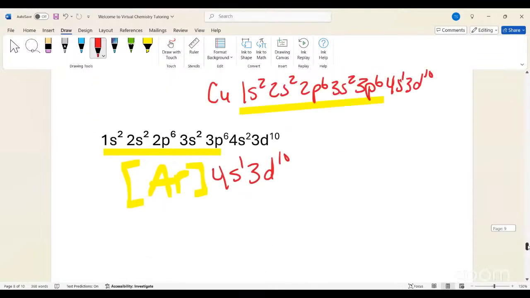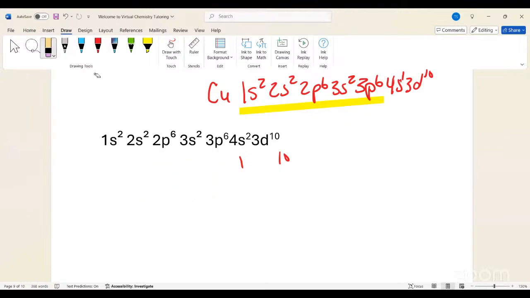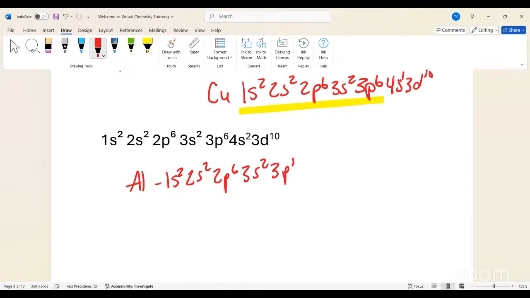Okay, so I just told you a couple of things: that neon is taking up 10 of those. So for aluminum, instead of saying 1s2, 2s2, 2p6, 3s2, 3p1, what am I going to write?